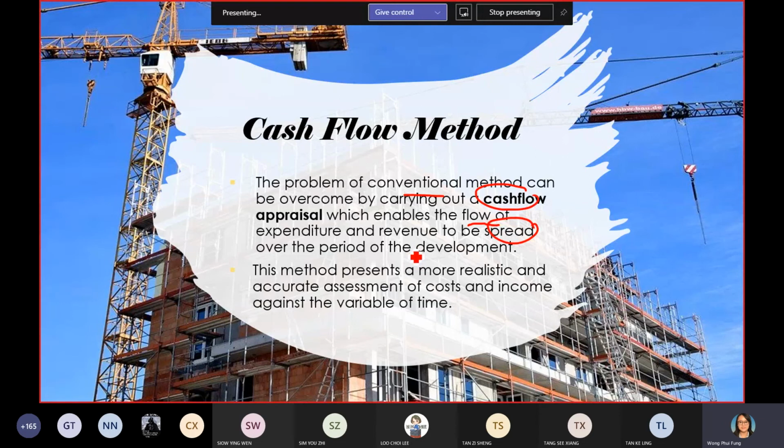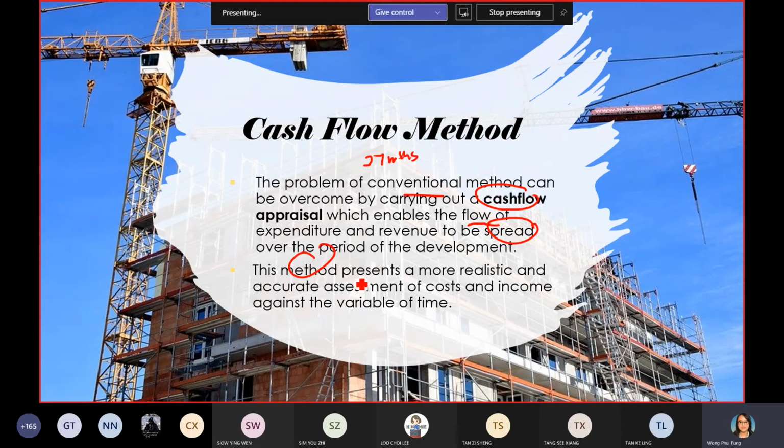Property development is not one day. It could last a few years. So throughout 27 months, by using the cash flow method, you can see when is the time you get money, when is the time you need to pay.